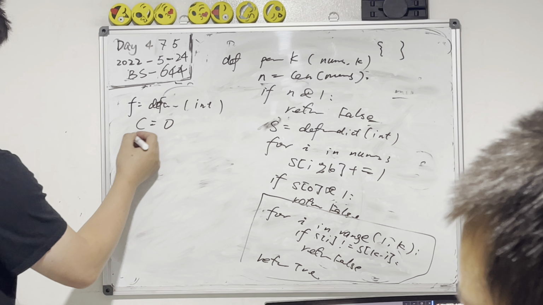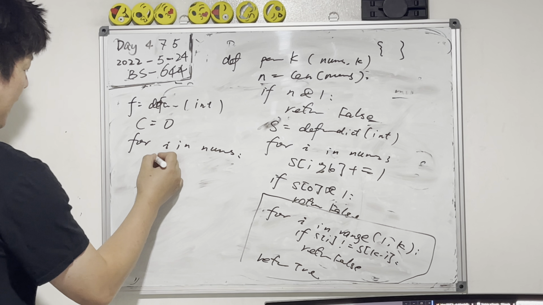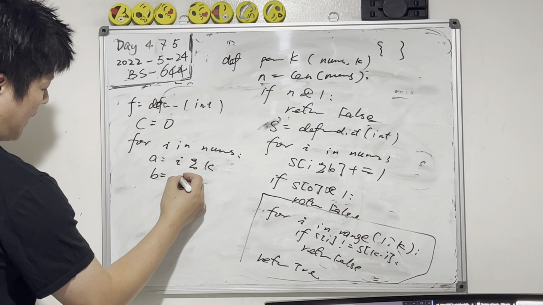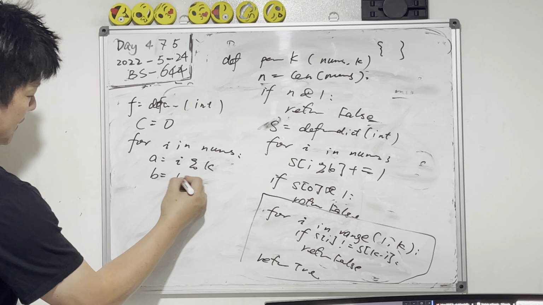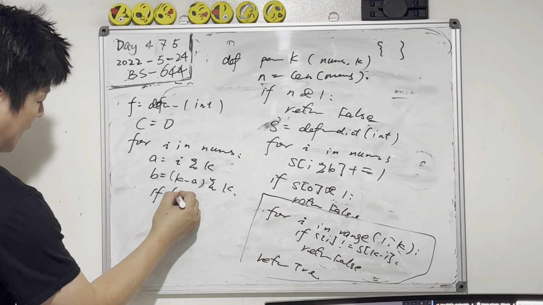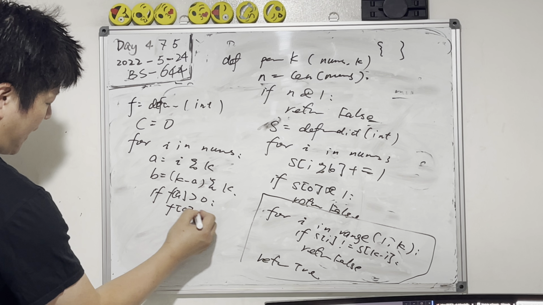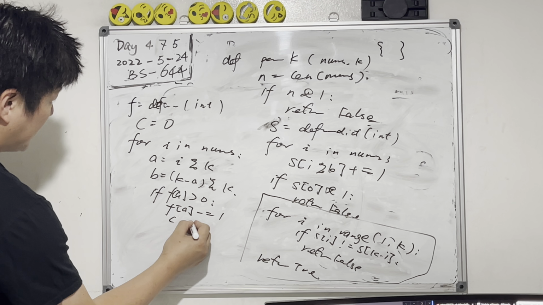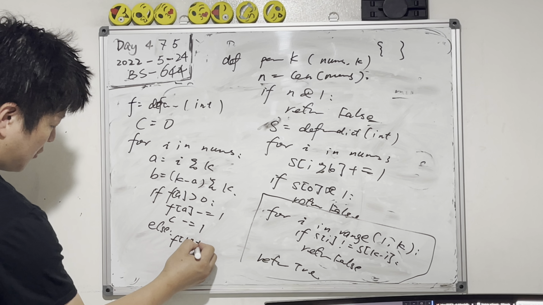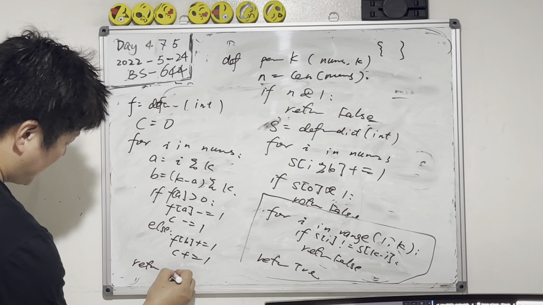Then we go through the numbers, for i in numbers. a is the number i mod k, b is the other number in the pair, which is (k minus a) mod k. If f[a] is bigger than 0, then we decrement it: f[a] -= 1, c -= 1. Else f[b] += 1, c += 1. And at the end we just have to check return c equals 0.